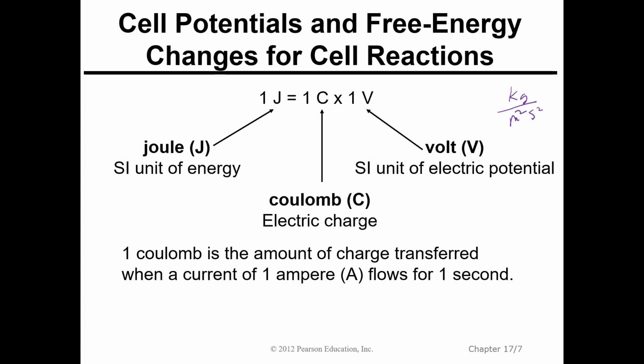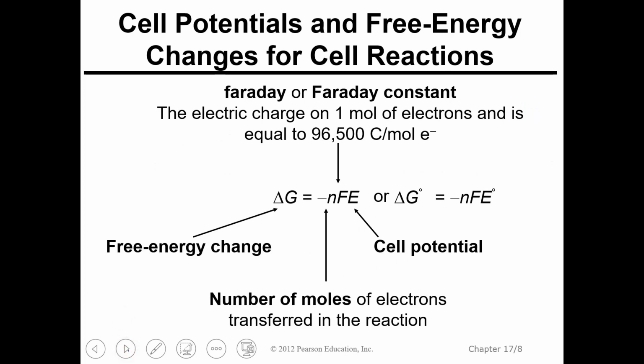That's our unit for electrical charge. And the SI unit for electrical potential is volts. So if we multiply a coulomb times a volt, we have a joule. We can use those units in a lot of different ways.